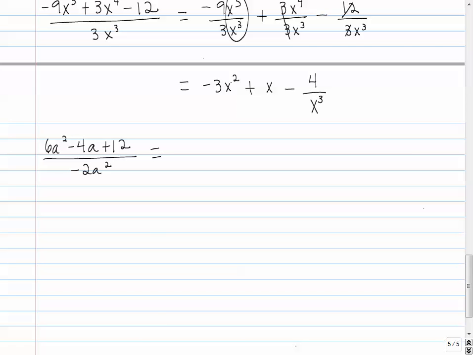Okay, you know the first step is to rewrite each part of the numerator over the negative 2a squared. So we get 6a squared over negative 2a squared minus 4a over negative 2a squared plus 12 over negative 2a squared.